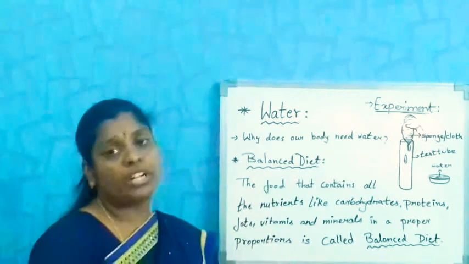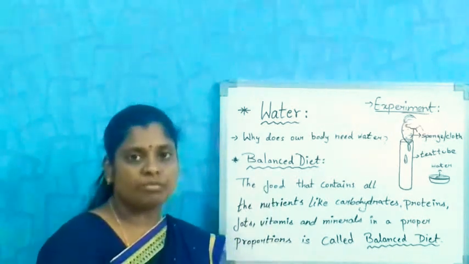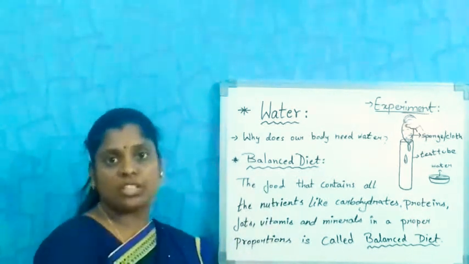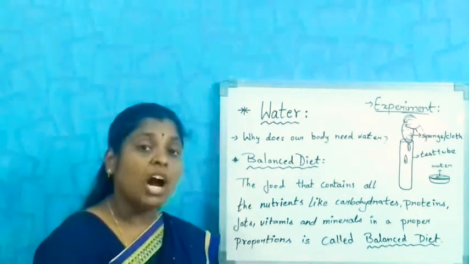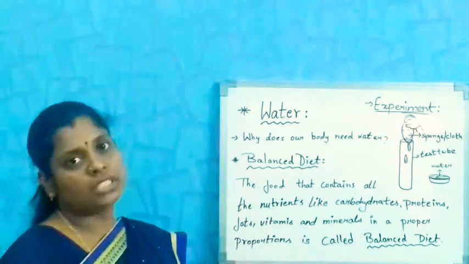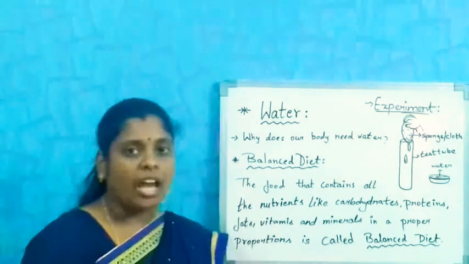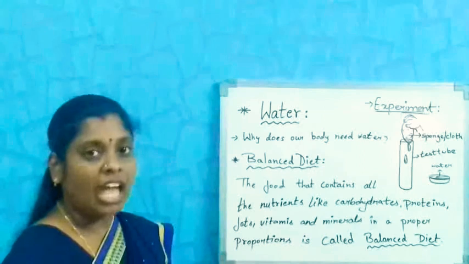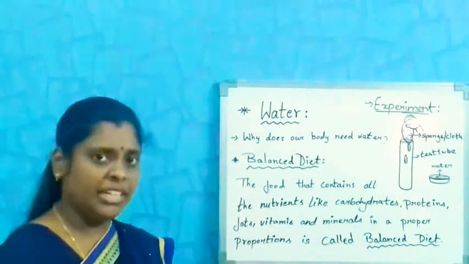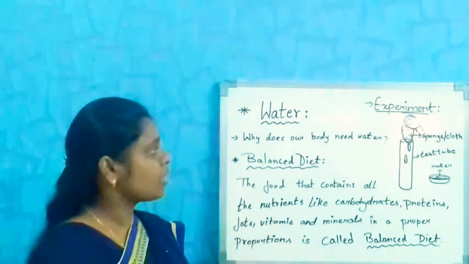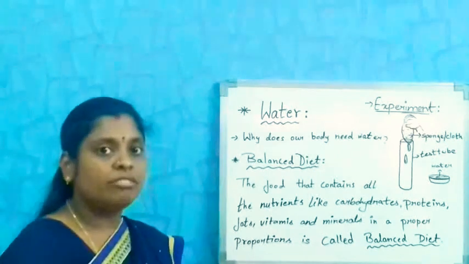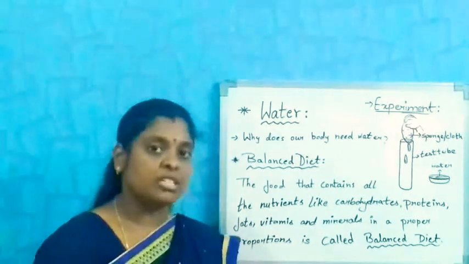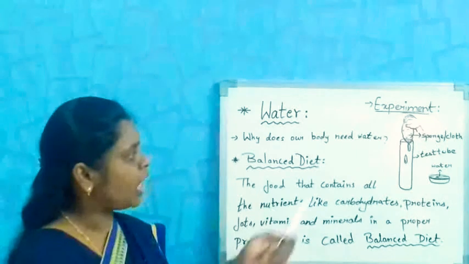Why does our body need water? I said it is also an essential component. But how does water help? And why is it necessary? For that I will explain an activity. Take a 10 to 50 centimeter wide pipe as shown in the figure.